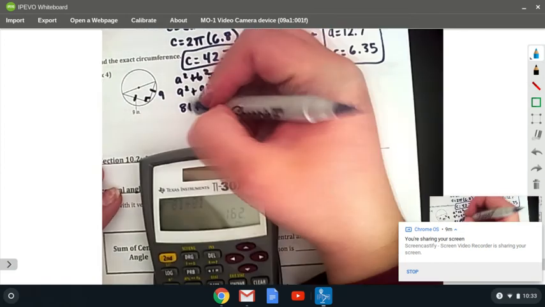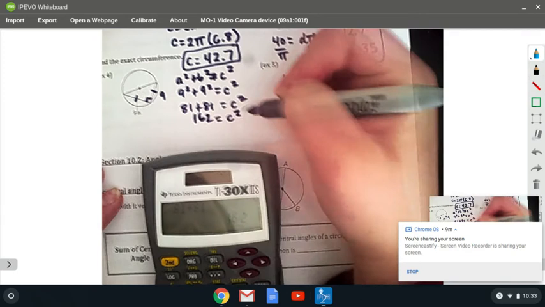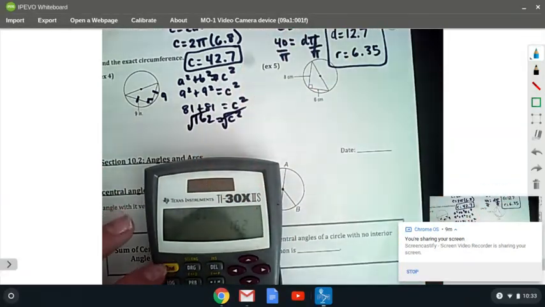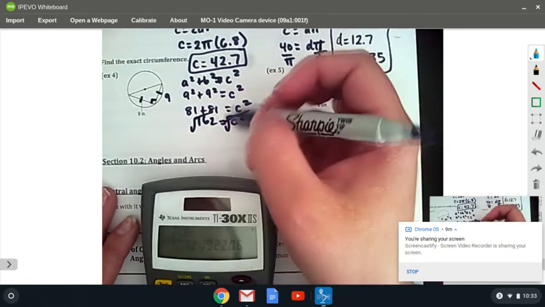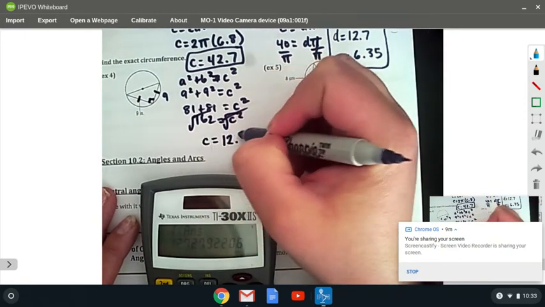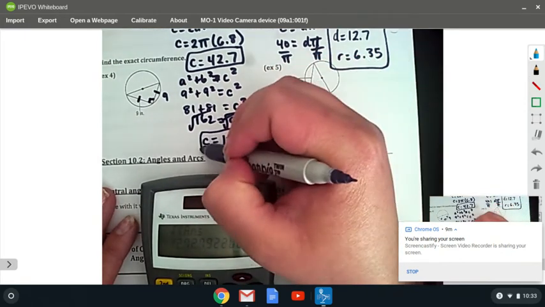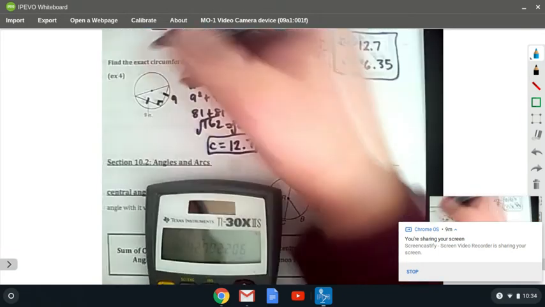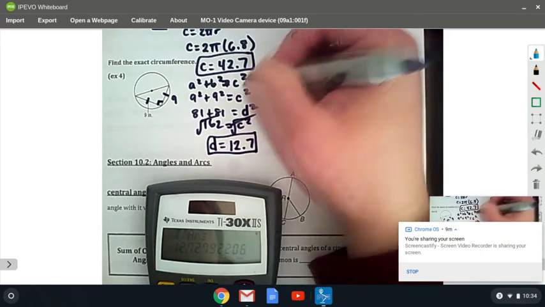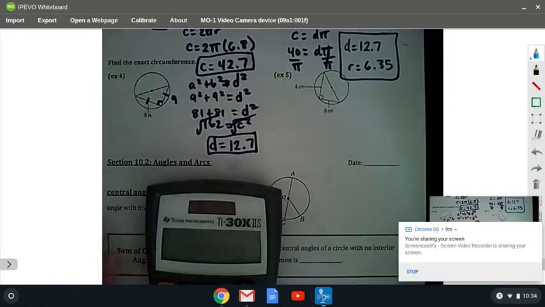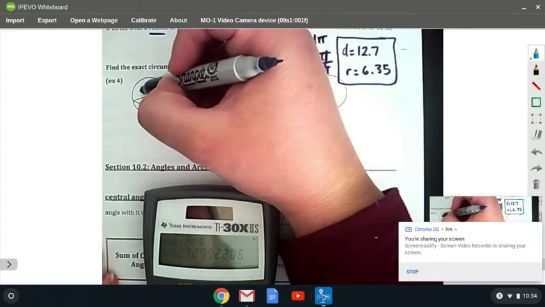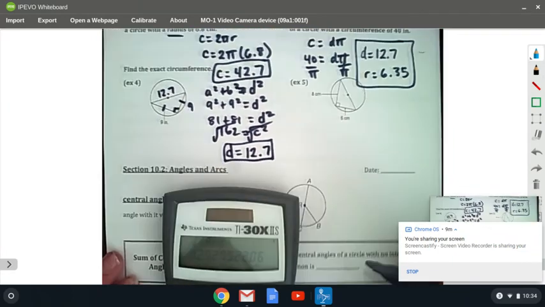And now remember, when we're trying to solve here, we would take the square root of both sides. So I'm taking the square root of 162, and I would get approximately 12.7. And now that is actually my diameter. So I'm going to change that to a D just so it doesn't confuse you, because C also stands for circumference. So the diameter is 12.7.